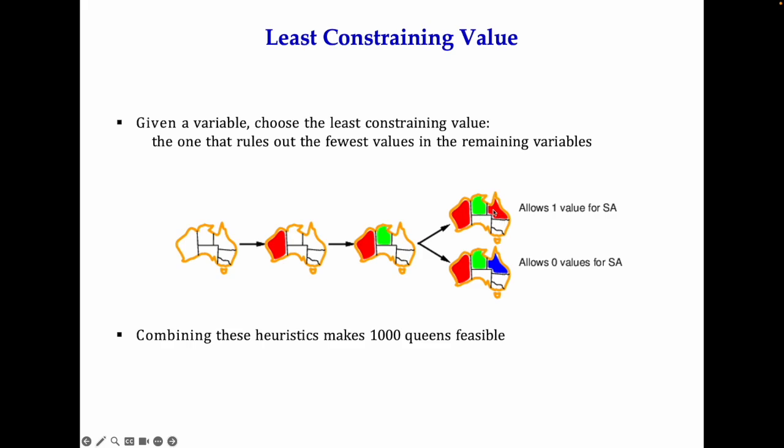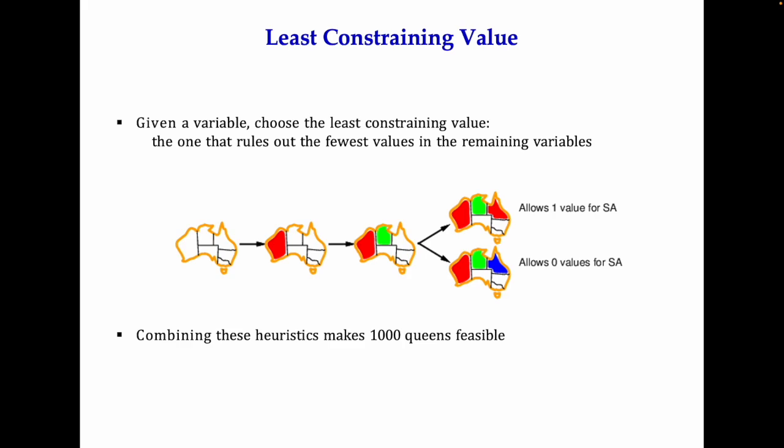So if you assign red to Queensland, what are the options for South Australia? One option, blue, right? So we only have blue left here.